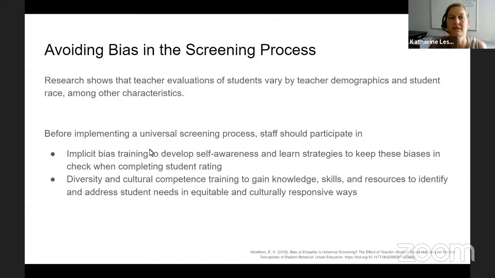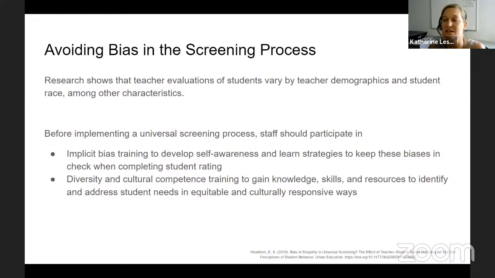One thing that is important to note and that the research shows is that because the screening process is not a self-identified process by the student themselves, and it's being done by an external person, there is quite an opportunity for bias to occur in the screening process. And those of us who've been in education for some time know that this happens all the time on an individual student level.